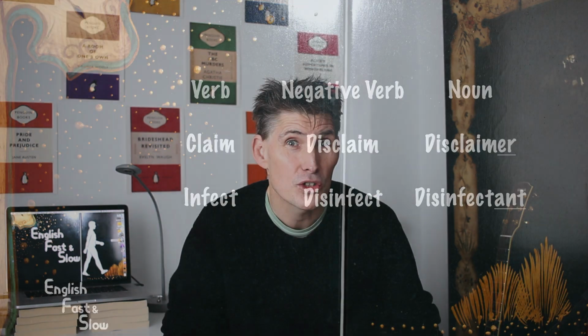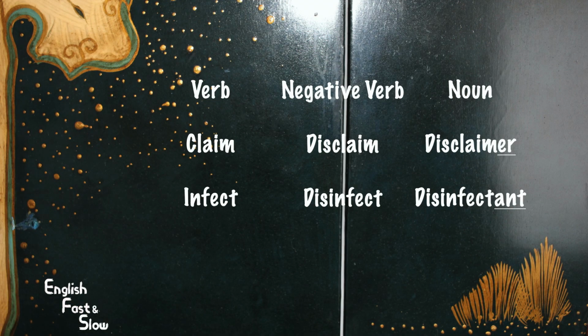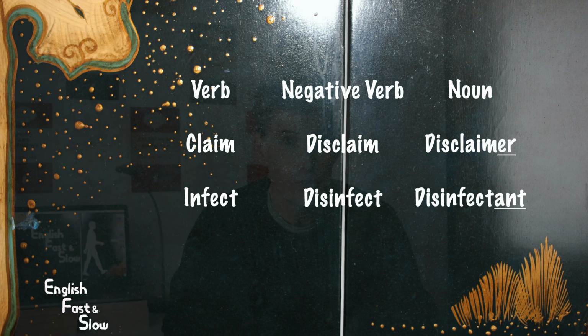One of the problems for learners of English is that although there are patterns in the way words are constructed, there are no fixed rules. Take these two verbs, for example. We've got claim and we've got infect. Then we've got negative forms of the verb by using the dis prefix. So we get disclaim and disinfect.